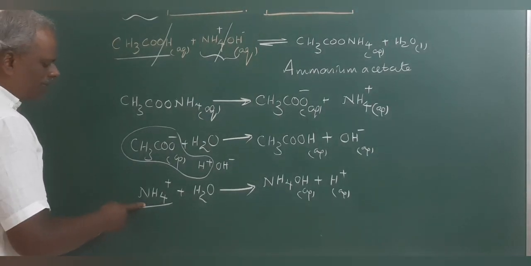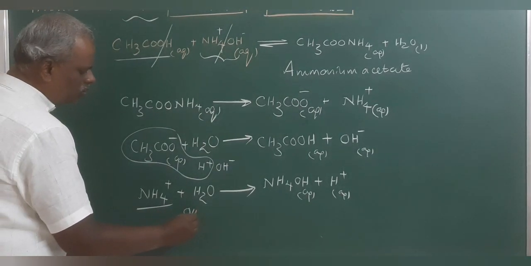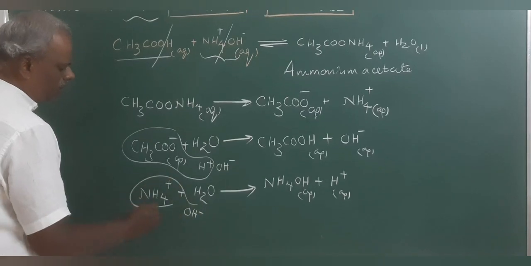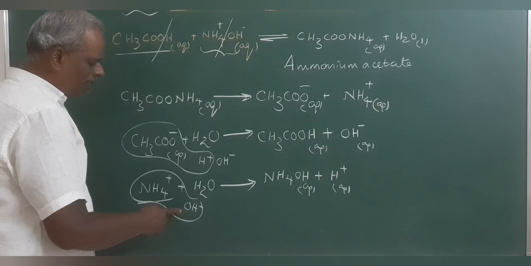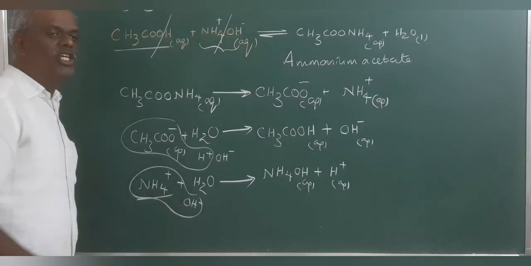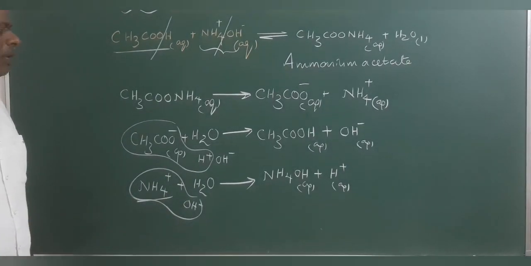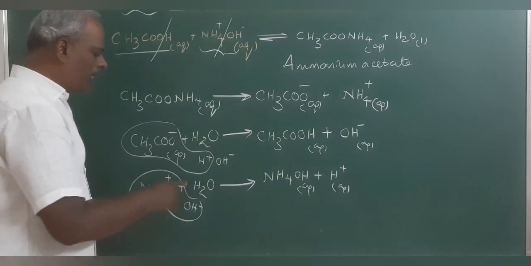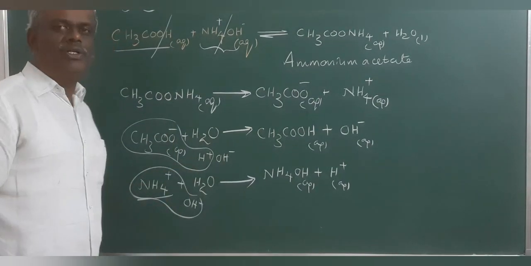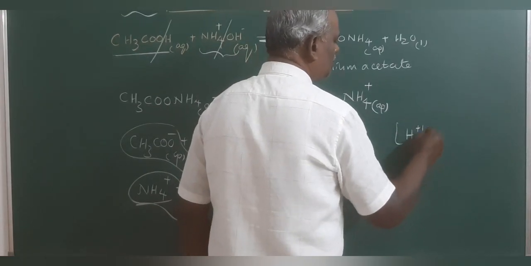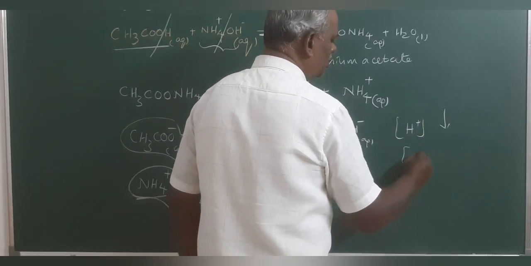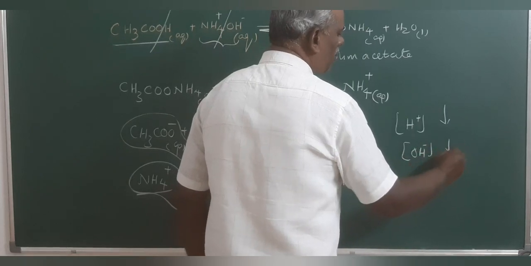This conjugate acid readily combines with OH minus of the water molecule to become ammonium hydroxide. It shows that there will be a drop in the concentration of OH minus. So we come to the conclusion that both H plus and OH minus decrease.